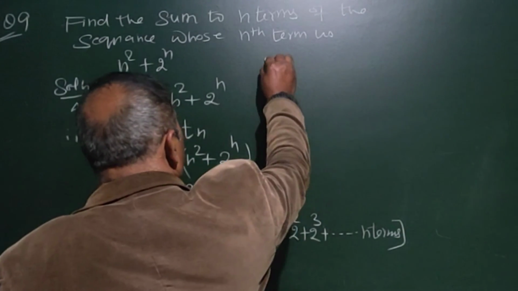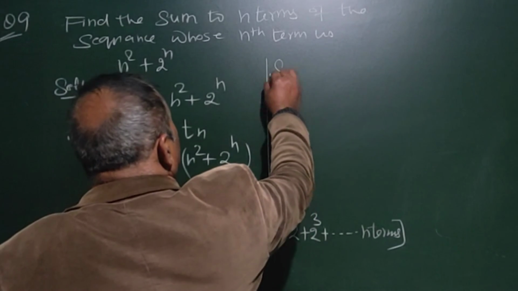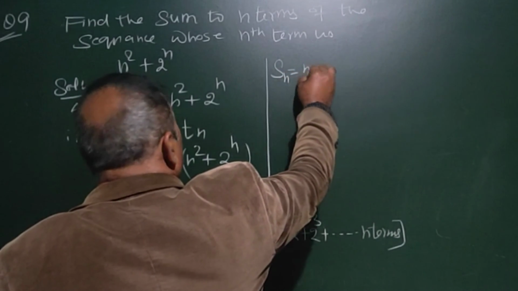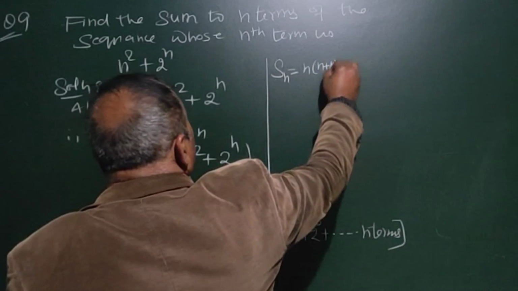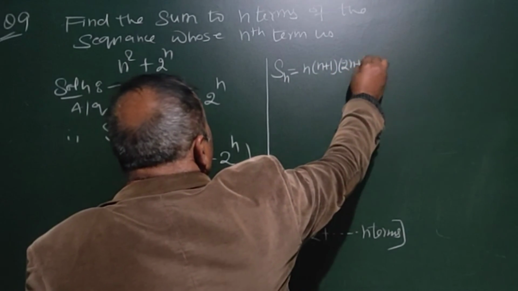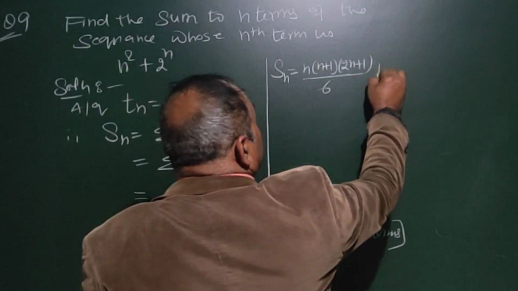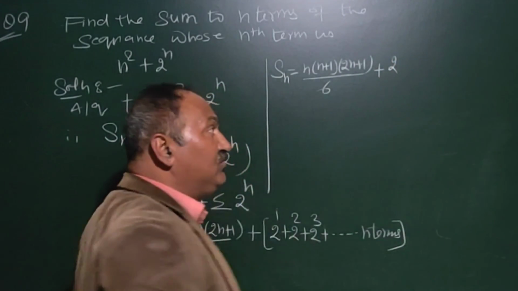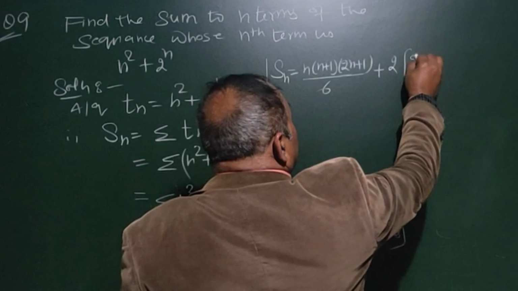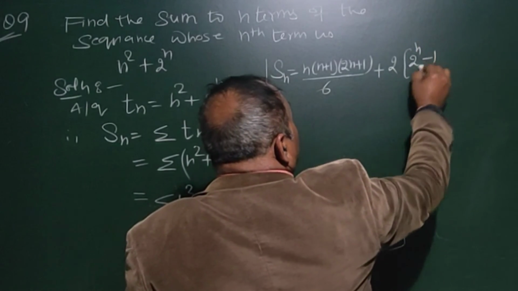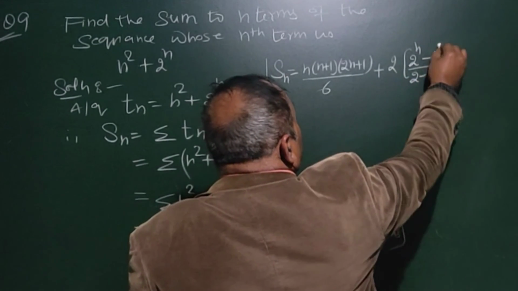Therefore, it becomes Sn is equal to n into n plus 1 into 2n plus 1 upon 6 plus, A is 2, 2 raised to power n minus 1 upon 2 minus 1.